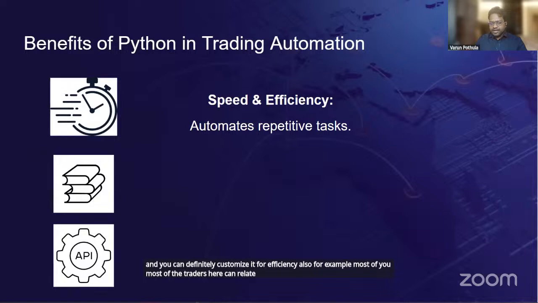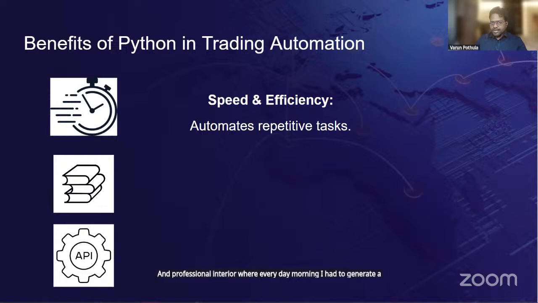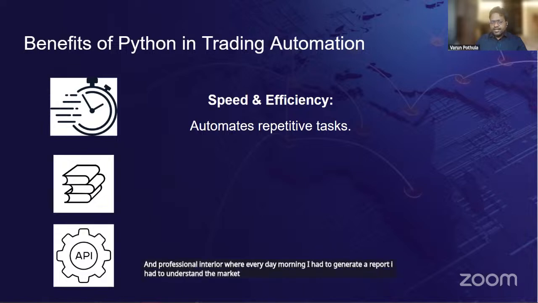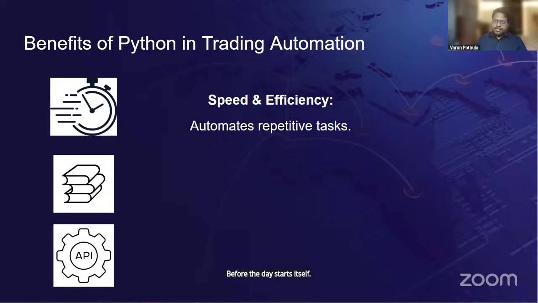For example, most of the traders here can relate. I used to be a professional intraday trader, where every day morning I had to generate a report. I had to understand the market, and generate a report for myself and for my team. And we had to strategize how we were going to approach today before the day starts itself. Especially this used to happen during pre-market time, and the pre-market window is pretty small. So we had to rush it and do it very fast.